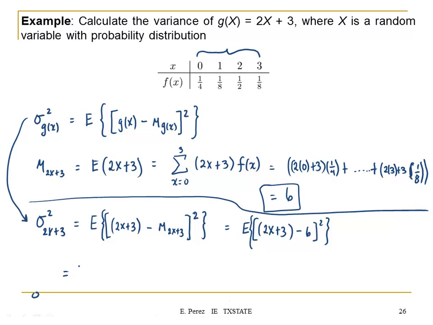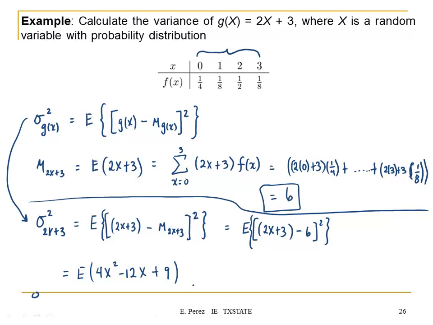And this will become the expectation of 4x squared minus 12x plus 9. So this is coming from solving this and the square. So you're going to have 2x minus 3, and then the square will give you this.